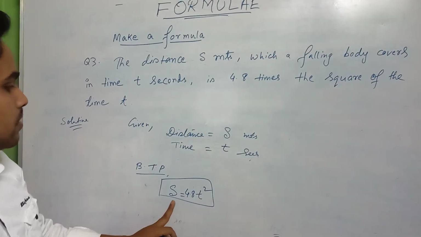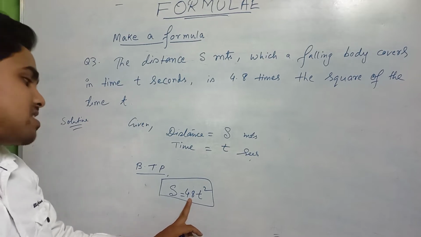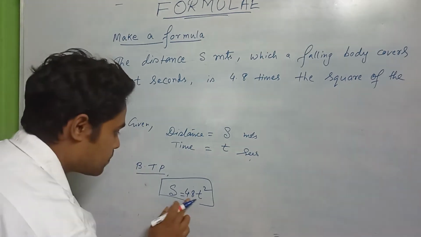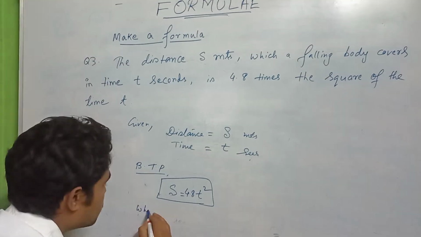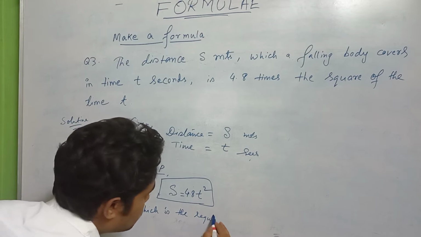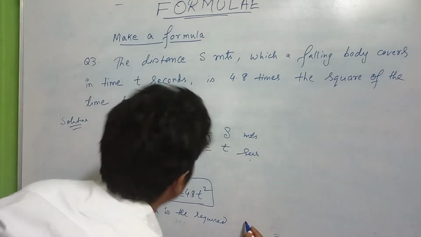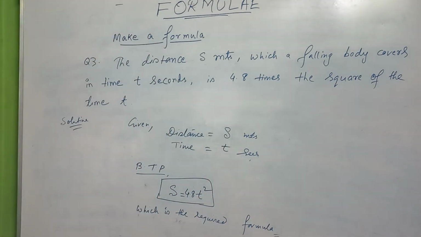Distance covered is equal to 4.8 times the square of the time. This is the required formula. Take a screenshot.